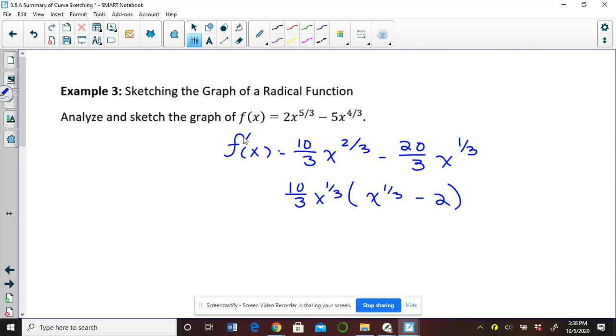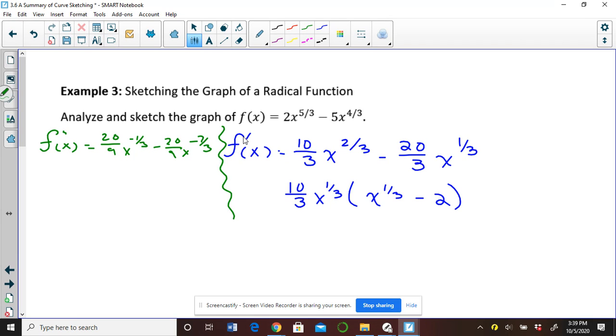Now to find f double prime, we will be using the first line of our derivative here. So then that'd be 20 ninths x to the negative 1 third minus 20 ninths x to the negative 2 thirds.